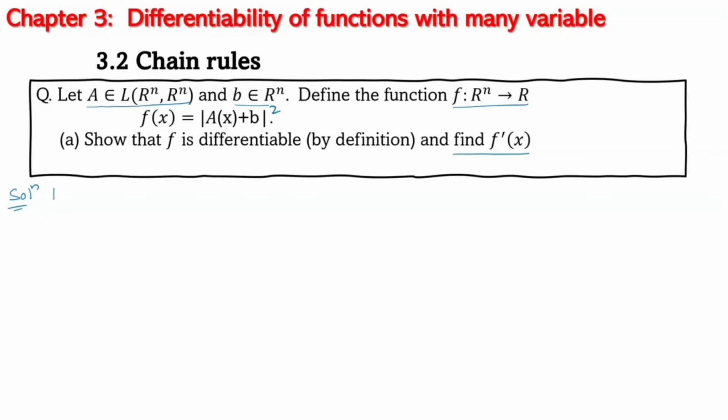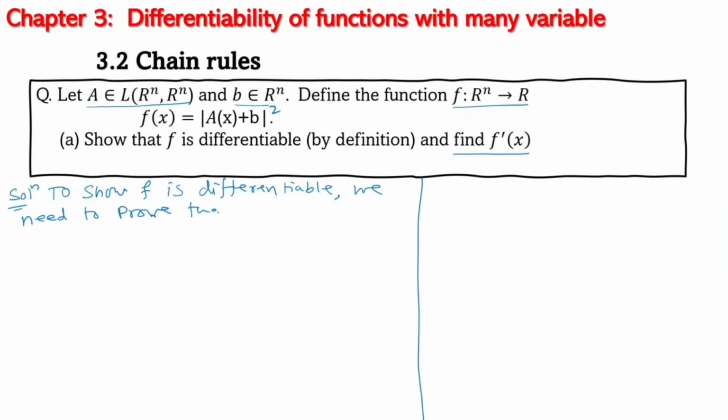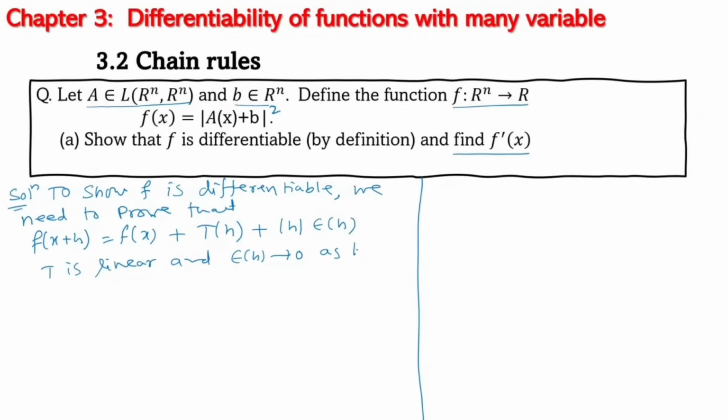To show that f is differentiable, we need to prove that f of x plus h is equal to f of x plus t h plus absolute value of h times epsilon h, where t is linear and epsilon h tends to 0 as mod of h tends to 0.